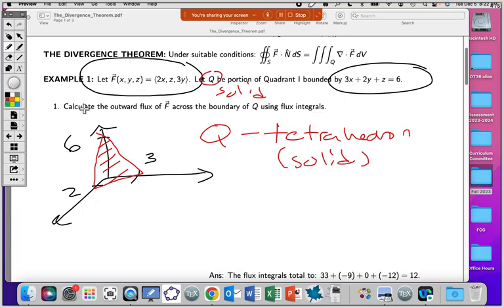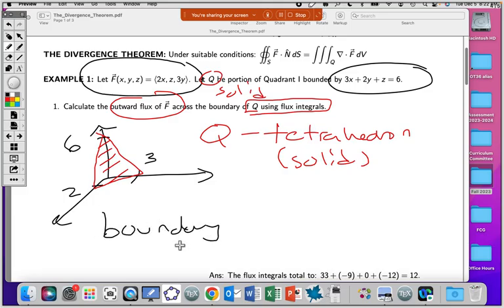We want the outward flux of F across the boundary of Q using flux integral. So if Q is a solid, it's a tetrahedron, then how many pieces is its boundary? Well, let's count. So we're going to have this surface here. We'll call that S1.